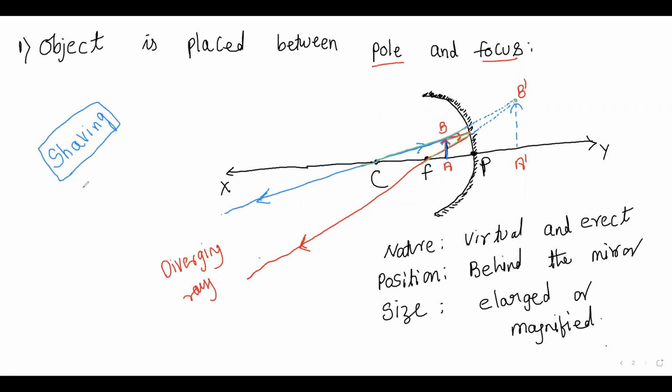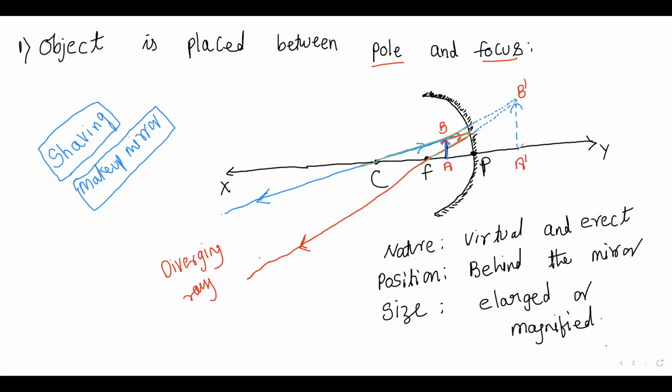Concave mirror is also used as a makeup mirror. Your face is the object. Face is kept very near to the mirror. You can see the face clearly and it magnifies things.